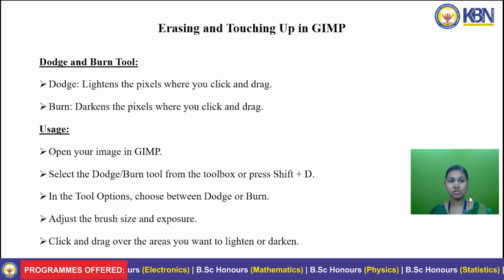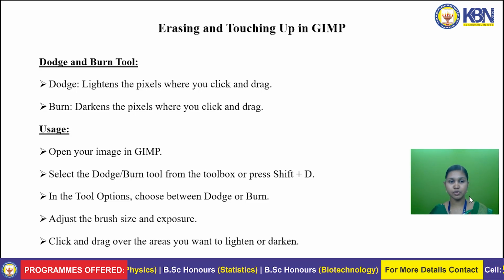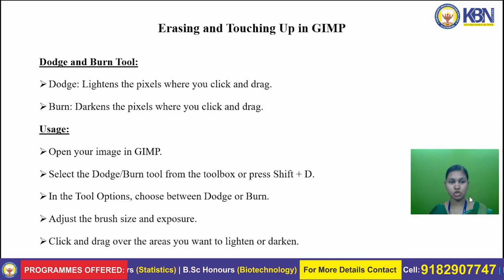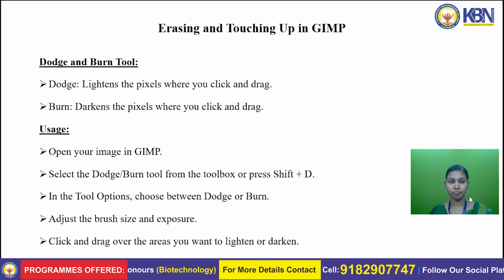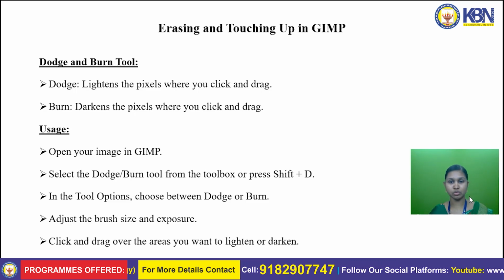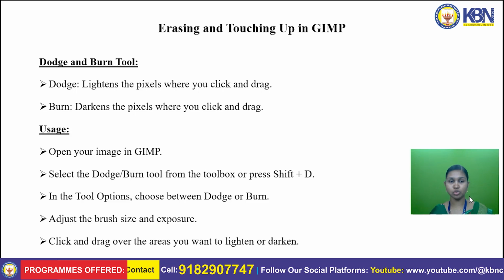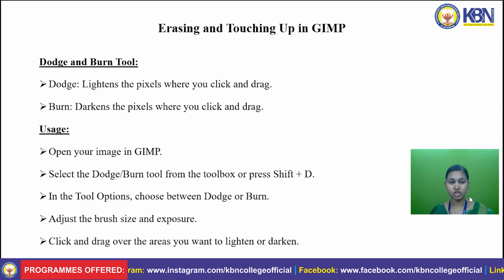To perform these tools in the GIMP software, you have to follow some procedure. Open the GIMP software, click on the image menu, and select the dodge or burn tool. You can use the shortcut key Shift plus D. In the tool options you choose the dodge or burn button, and finally adjust the brush size and exposure.